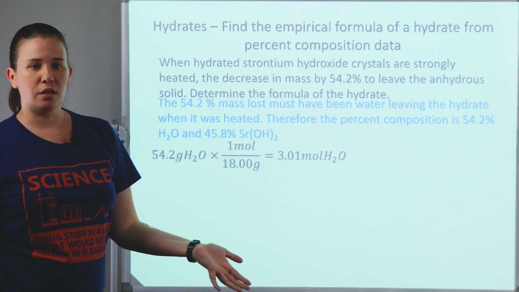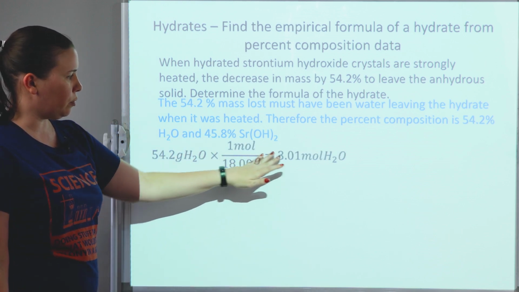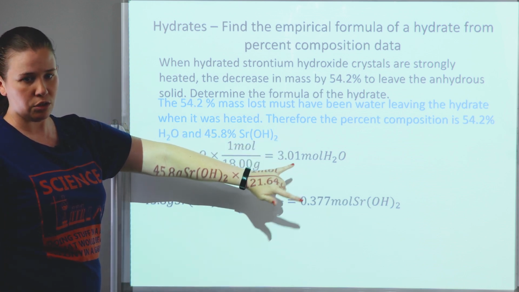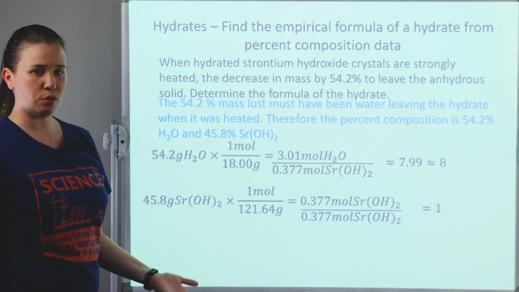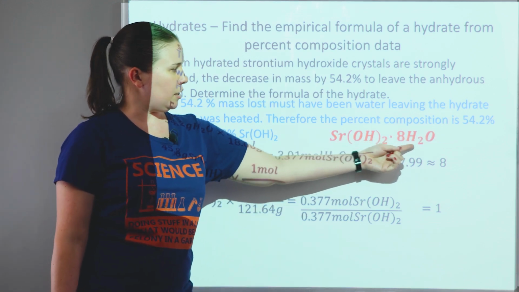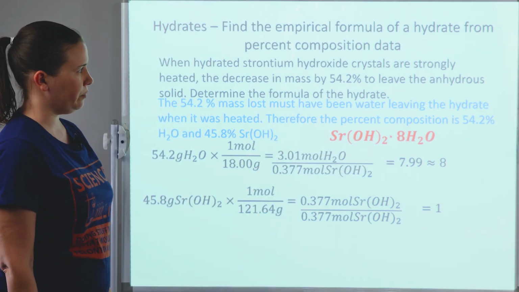Then you can assume those percentages are of 100 and just start treating them as grams, using your molar mass to get into moles. Once you're in moles, you're in the home stretch. You're just going to divide by the smallest so you can get your ratio. An 8-to-1 ratio tells us how much water per anhydrate.